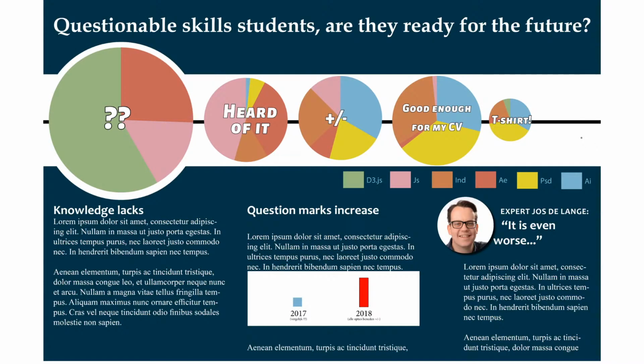Questionable skill students, are they ready for the future? But especially with big data, a lot of data is pulled out of its context and then reused for different purposes without thinking about the consequences. Obviously, here it's quite obvious that I misused my questionnaire and the results of that. I see that I did not change 2017 and 2018.